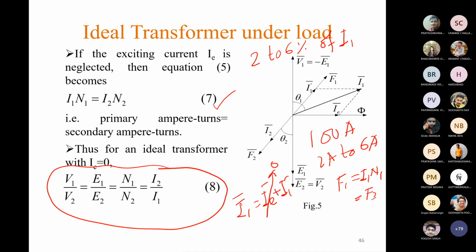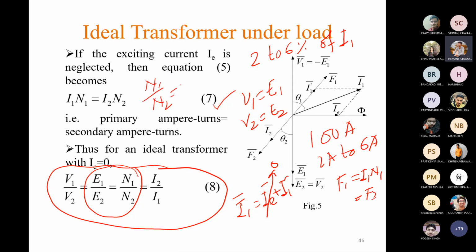From the transformer EMF equation, we have got this part. Then from the phasor diagram, we have seen that V1 is equal to E1 and V2 is equal to E2 for an ideal transformer. And from this equation, we have seen that I1 N1 equals I2 N2, which means N1 by N2 is equal to I2 by I1.